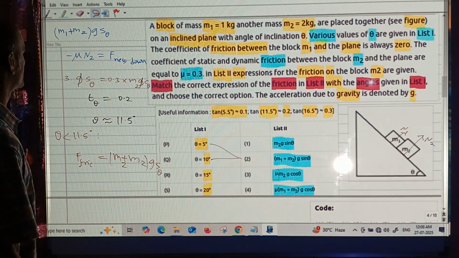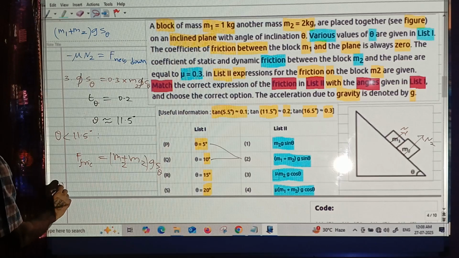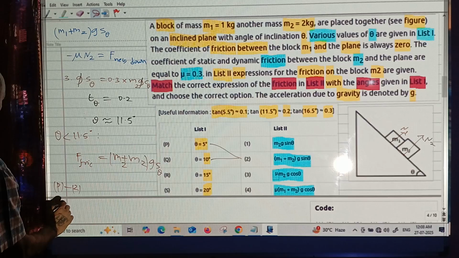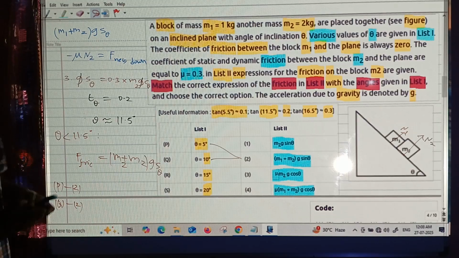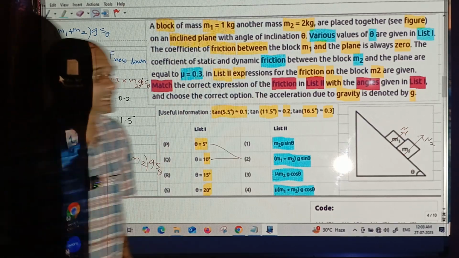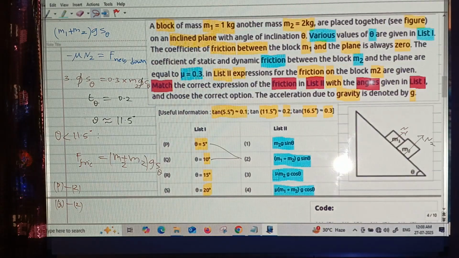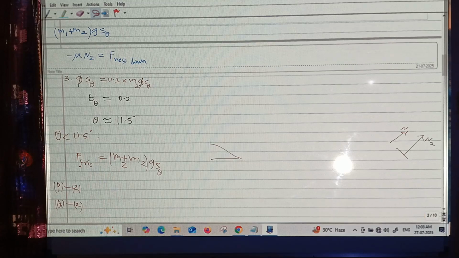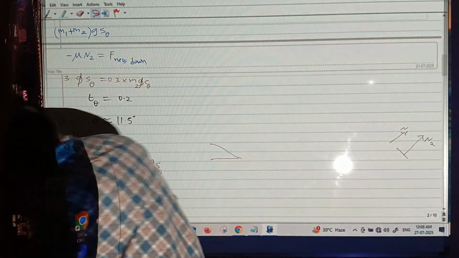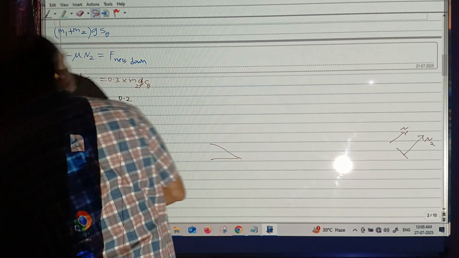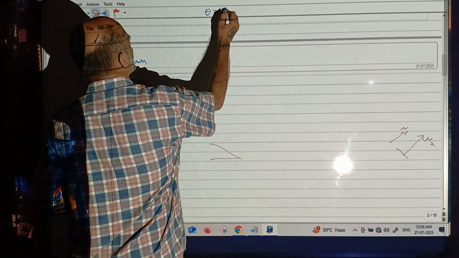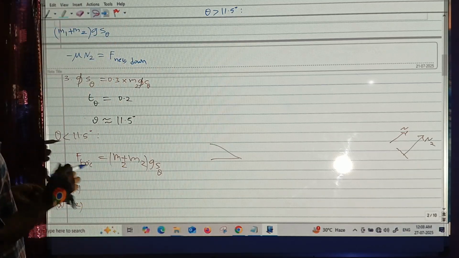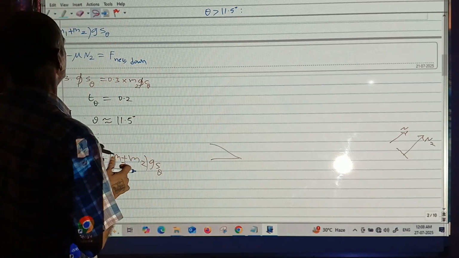P and Q both will match with option 2. So P with option 2 and also Q will match with option 2. When theta is greater than 11.5 degrees, then the block will start to move downwards.